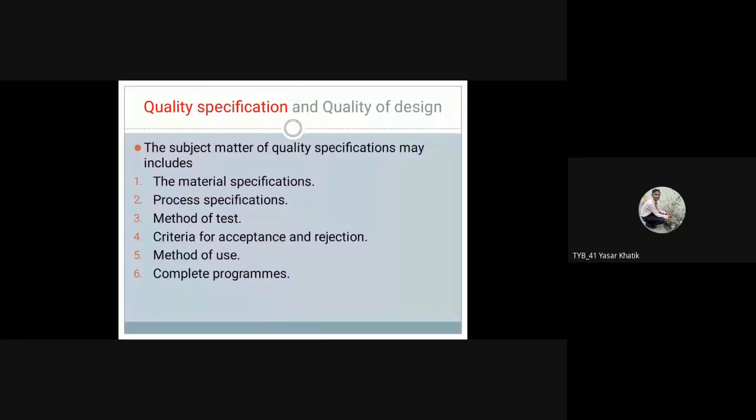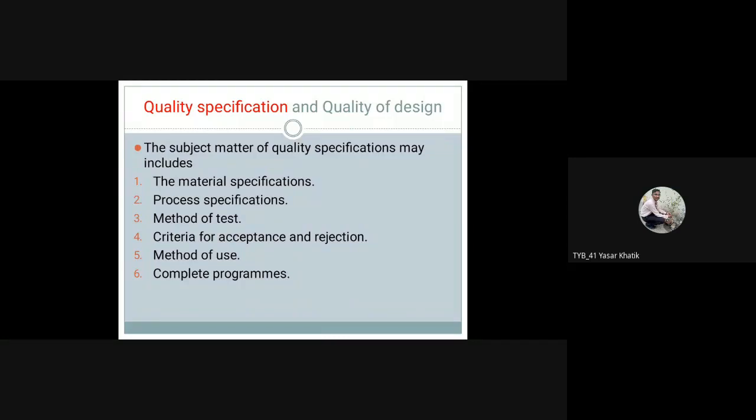When we finalize a product, as a design engineer they are going to draw some design on the paper or on the software. Okay, in the software. So after that we have to finalize your specification regarding that product. So first, material specification, which material we are going to use for that particular product, each and everything we have to describe.